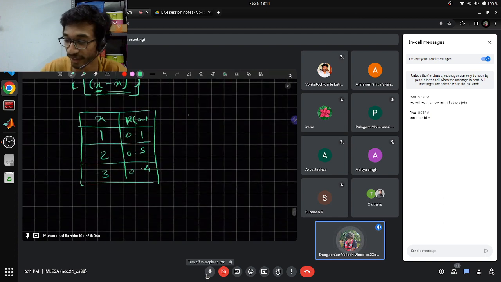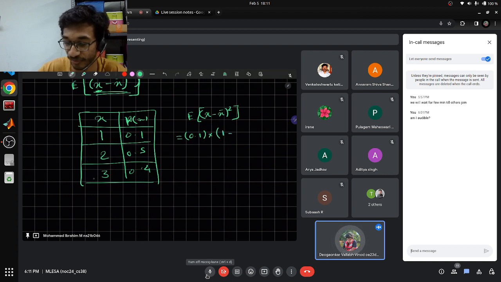So what a variance would be is that it's an expectation of this, which is essentially going to be the probability of x equal to 1 times the value of 1.